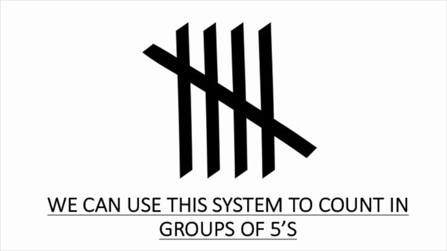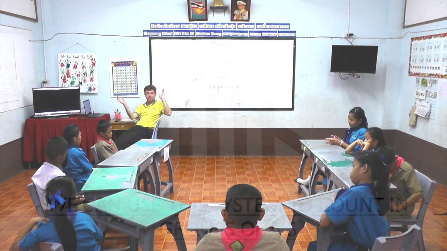We can use this system to count in groups of 5s. Yes, when you're doing your own surveys, you'll realize how helpful this is and how much time it saves. Any questions, guys? Okay, that was great. Well done.